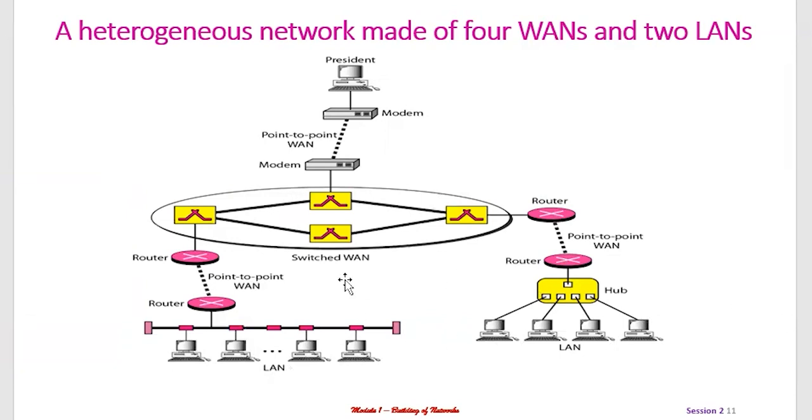These two LANs are connected to the WAN by means of routers. A router is also an interconnecting device. The number of routers you want to employ between the LAN and the WAN depends upon the distance you want to cover. It could be either a point-to-point WAN or a switched WAN, and which you choose depends upon the scenario in which you are trying to connect the network.